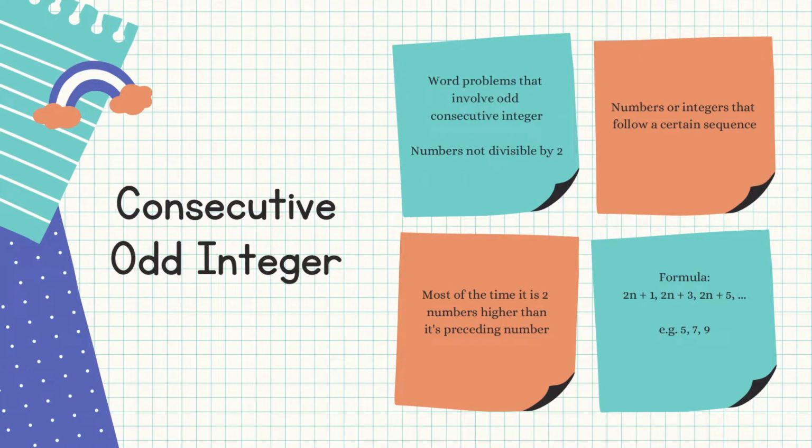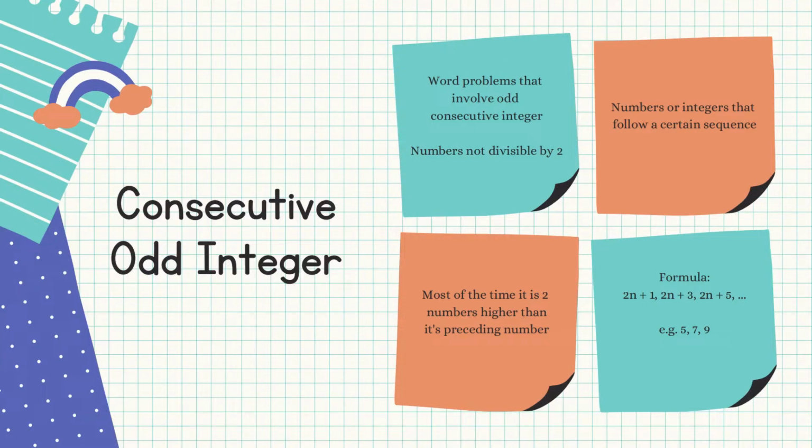And for the third variety, consecutive odd integers. It involves odd consecutive integers. What are consecutive odd integers? These are numbers that won't be divisible by 2, and if you divide them by 2, the answer will be in decimal or fraction form.